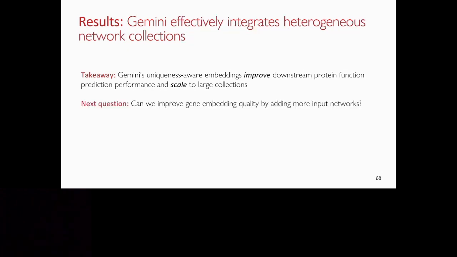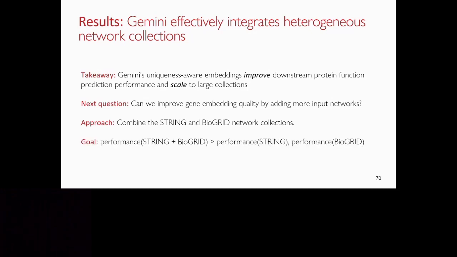The next question we asked ourselves was whether we could improve the quality of these learned gene embeddings by adding more input networks. And the way we sought to test this was by combining the STRING and BioGRID network collections. Our thought of what would be ideal here is if the performance of the combined STRING and BioGRID integration was better than the performance of either collection alone, with the intuition that we haven't removed any information, we've just added additional information.